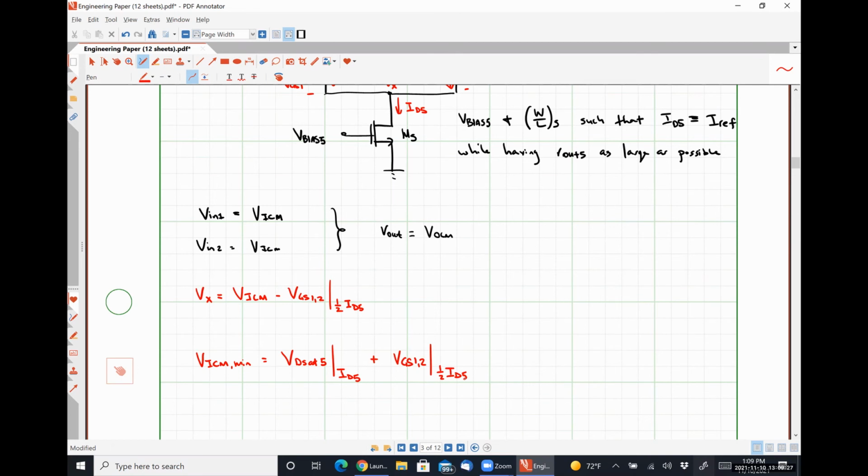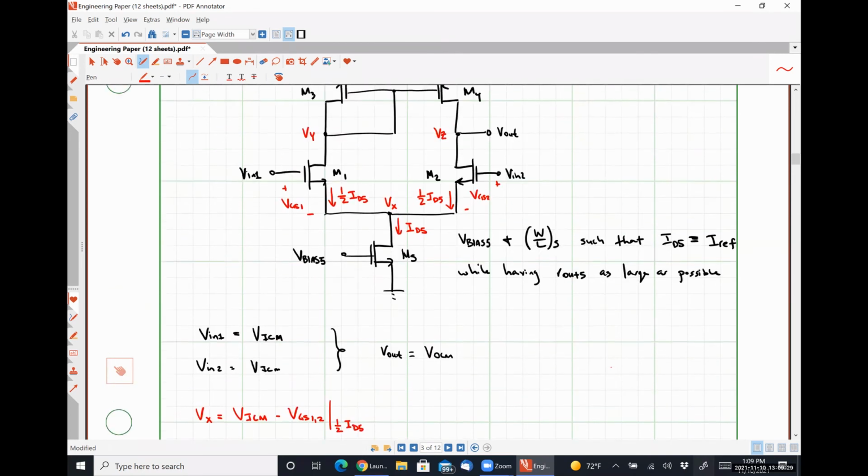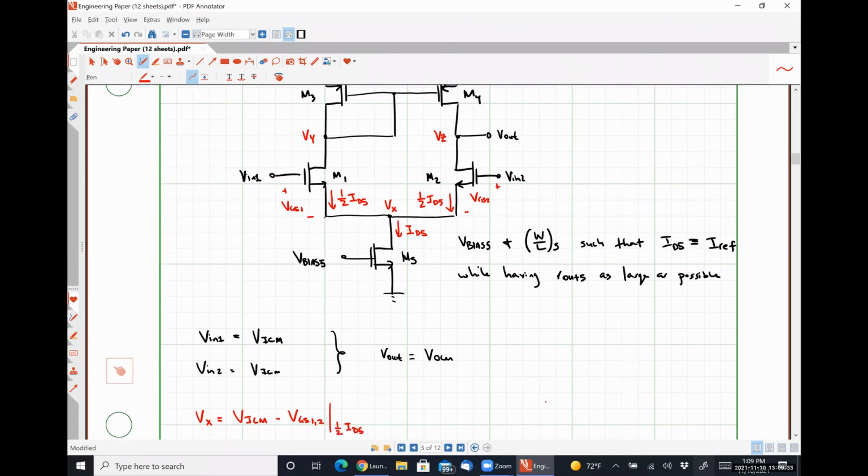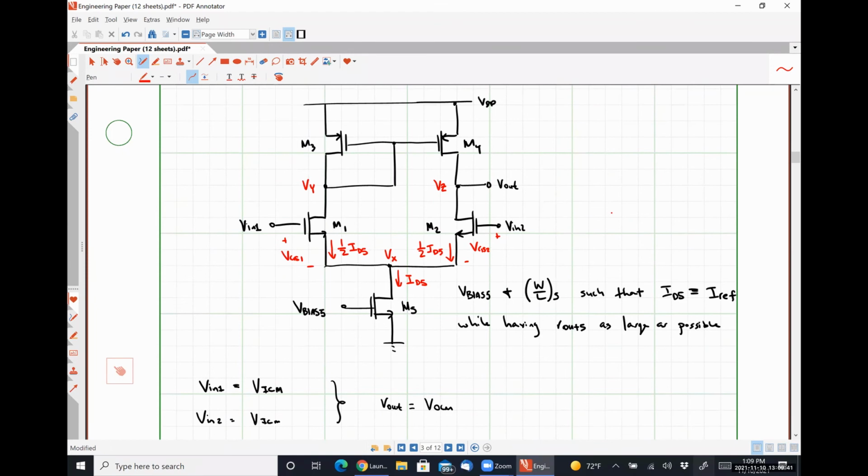All right. So what happens if we were to increase the common mode voltage? All right. So what current is being carried by transistor M3?